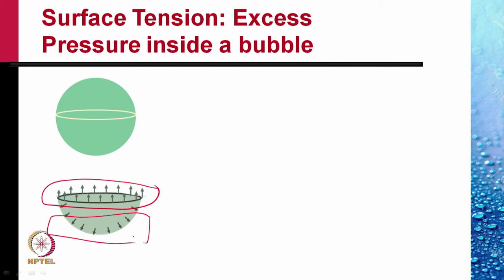A bubble would have two sides of the surface, one, the outside, in contact with the outside air, and one inside, in contact with the outside air. So total surface tension force would be sigma times 2 times 2 pi r.